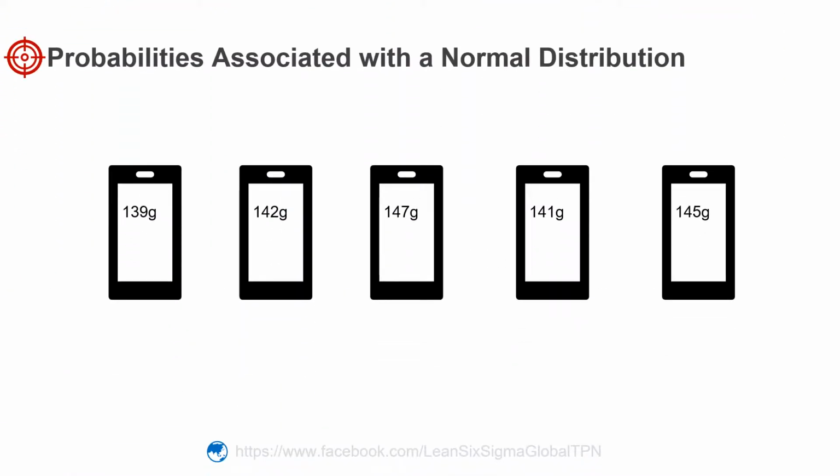We are concerned about the weight of the phones on our line because we must ensure that they are manufactured within the specifications. That is, there is a range of values centered around 145 grams that are still acceptable phone weight. Any phone with a weight outside the acceptable range is considered defective.